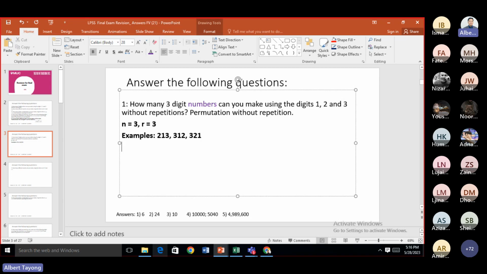Since we have a manageable number of digits, we can use this formula immediately: n times n minus 1 times n minus 2, and so on. This is the shortcut if the number of items is manageable or small, like 3, 4, 5 until 10.